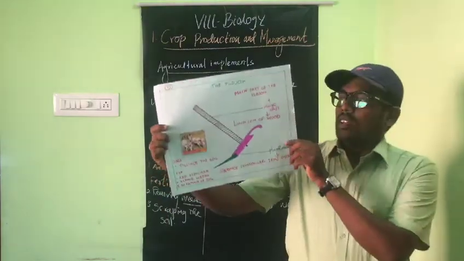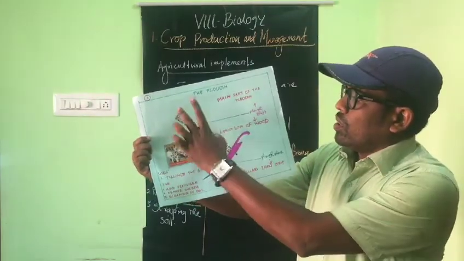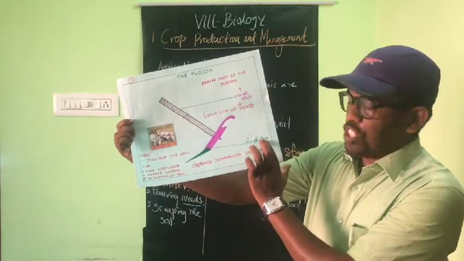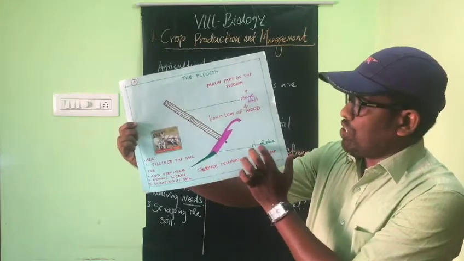Again, this is the structure of the plough. There are two parts: the plough share and the plough shaft.